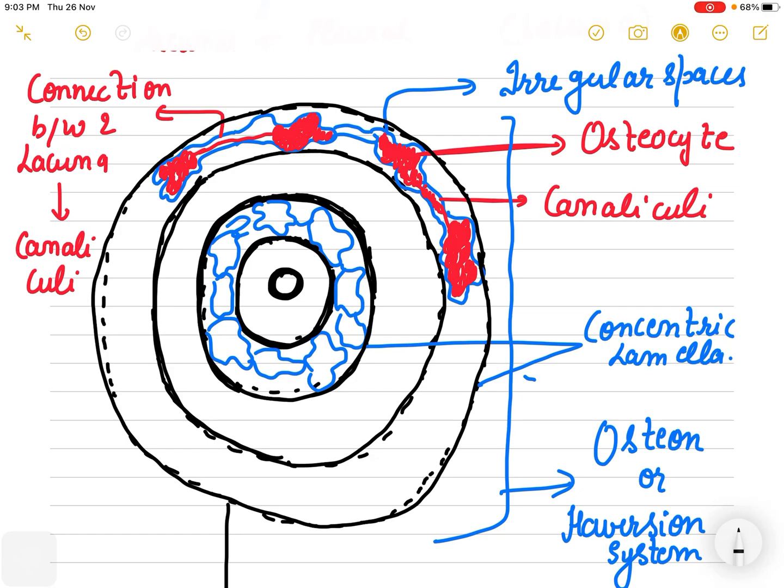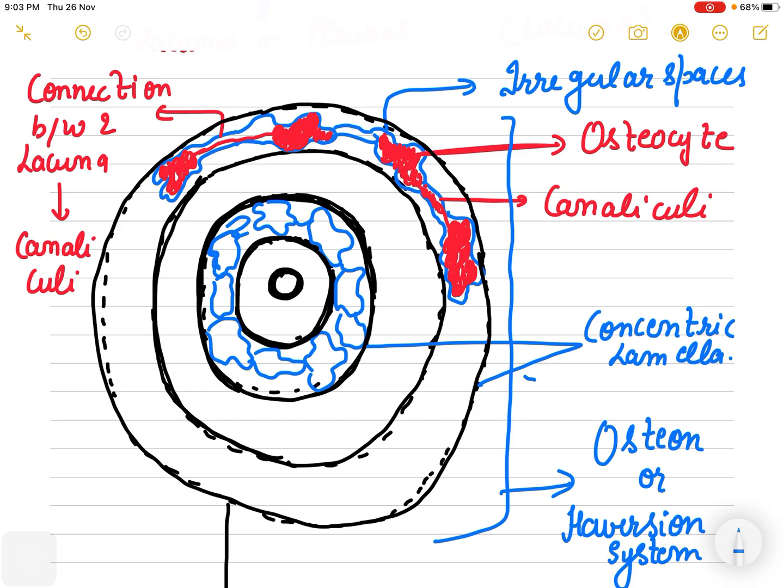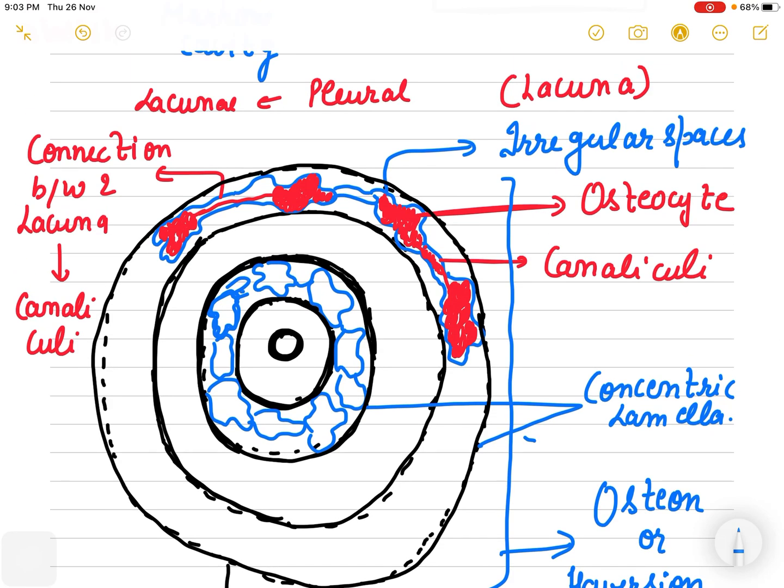Now as you can see, there are these cells. These are known as irregular spaces. They are very irregular, but they are joined.